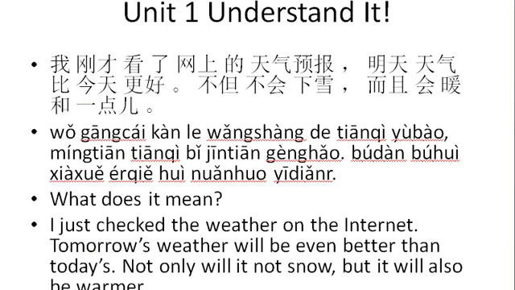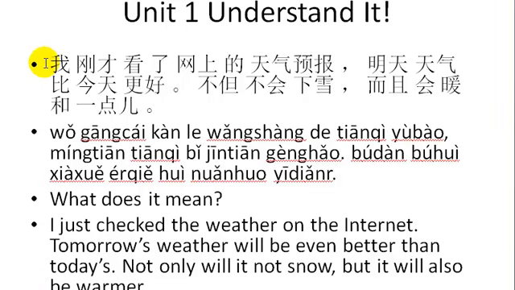Alright, hopefully you came up with something very close to this. I just checked the weather on the internet. Tomorrow's weather will be even better than today's. Not only will it not snow, but it will also be warmer.